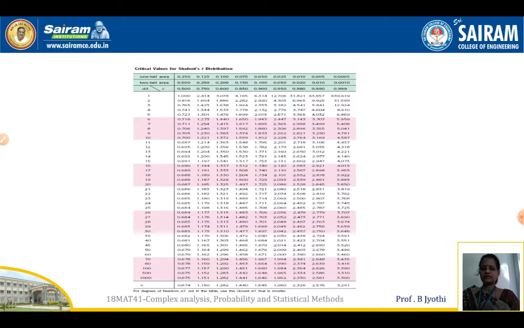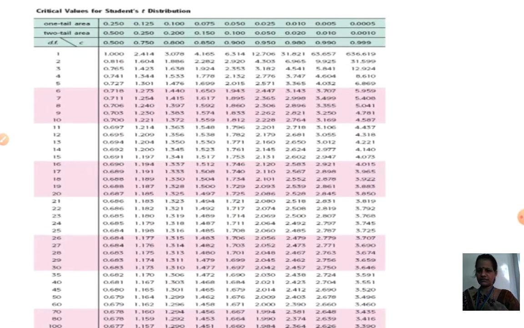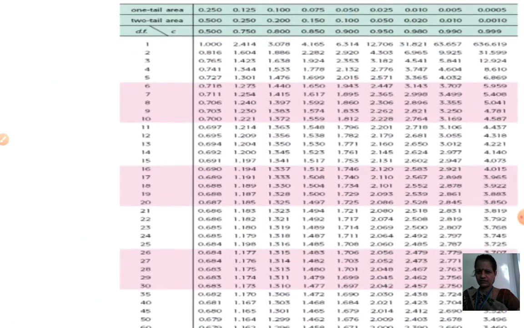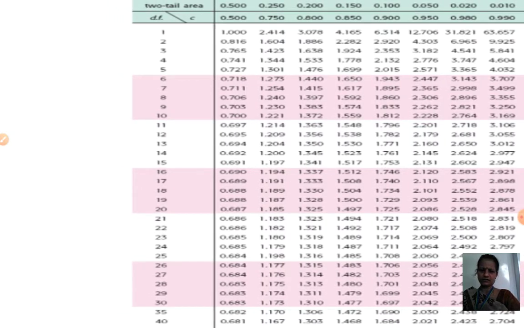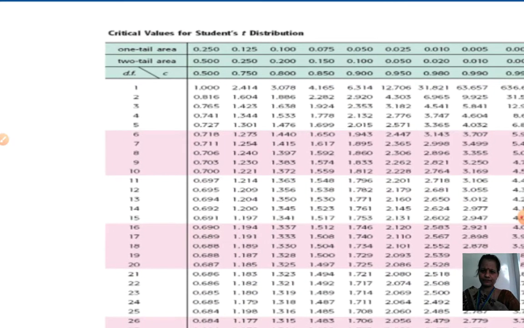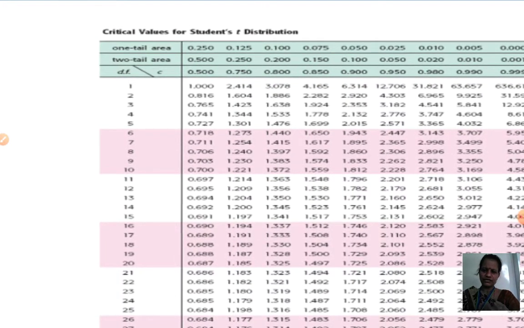So here is the t distribution table. On the left side we can observe the degrees of freedom. You can zoom in and see. So this is the degrees of freedom, and then the calculated values. For the two-tailed test these are the values, and for the one-tailed test these are the values.